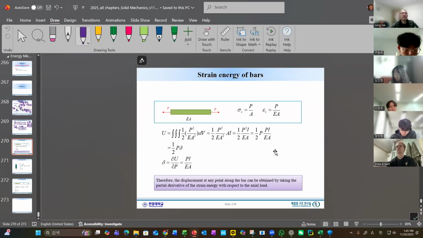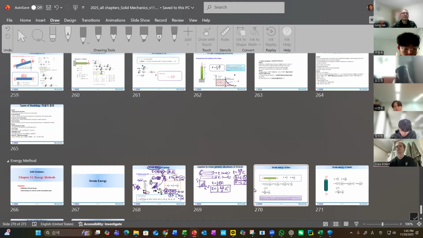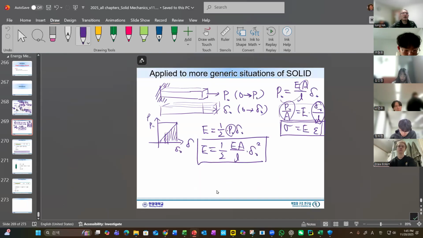This is what we meant. But now what I'm trying to say is that if we look at a very small amount of this solid, this very small solid, the stress times dA will be applied as a force, right?